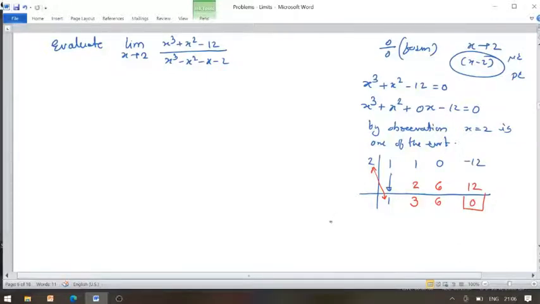Now for the cubic equation x cube plus x square minus of 12, we have the factors. First factor becomes x minus 2 once x is equals to 2 is one of the roots, and the other factor we can find out by using 1, 3 and 6. Those are the coefficients of ultimately x square, x and the constant. So we might have 1 times x square plus 3 times x plus 6.